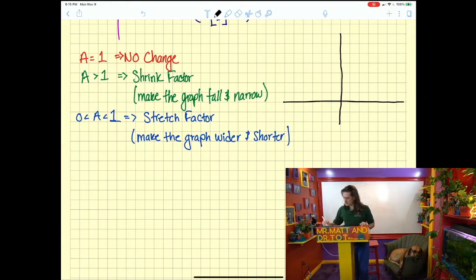If this is my standard function, actually I should be doing that in red. So the red is where a is equal to 1. So I basically don't have any a value that's affecting the absolute value function. So this is my parent function. This is where I'm going to start.